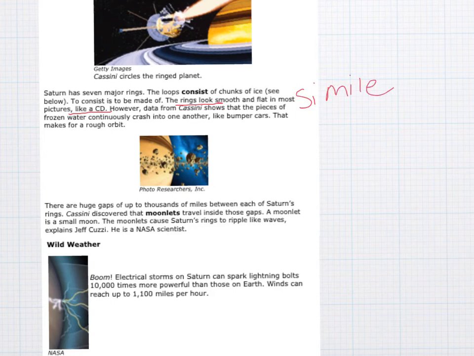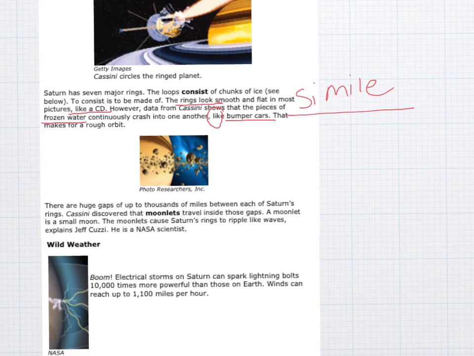What about in the next sentence? Data from Cassini shows that pieces of the frozen water continuously crash into one another like bumper cars. So I am comparing the frozen water to bumper cars using the word like. This is also a simile. Great.